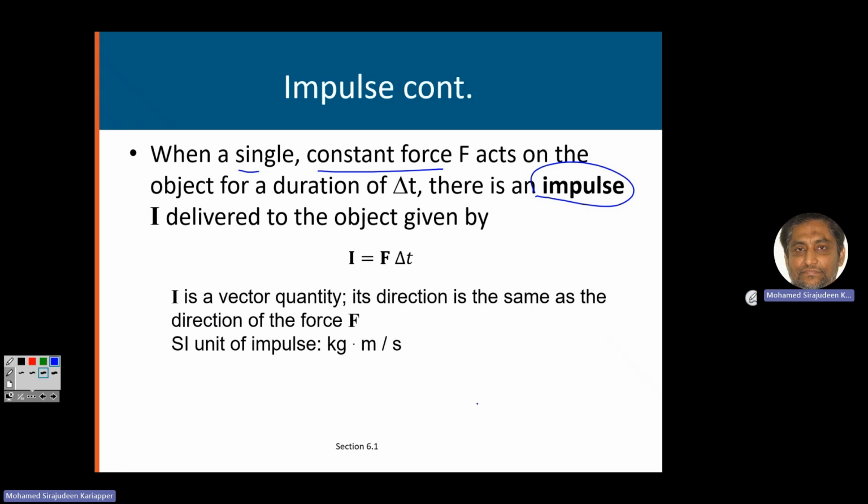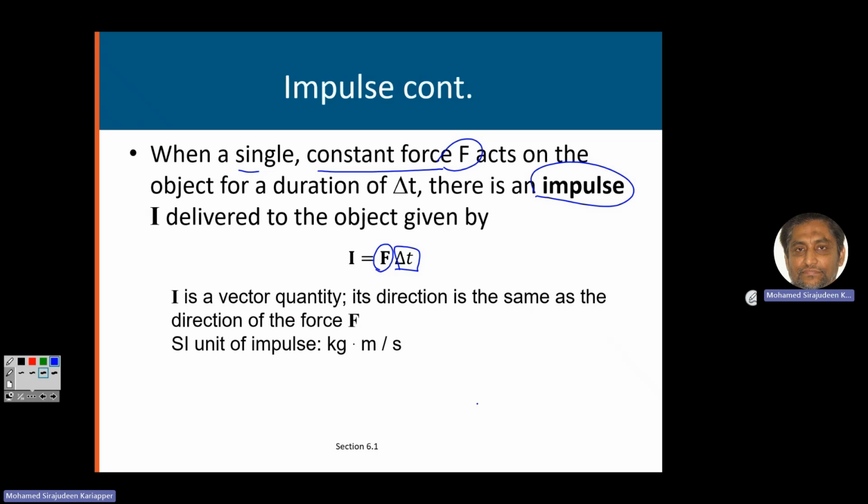So we say there is an impulse from this force on this object, and it is equal to the force multiplied by the duration of the force on that object. Okay, it's a finite duration. Maybe when you're hitting a ball with a bat, it may be less than a second, 0.1 second or something like that, because that's a very big force, but acting for a short period of time.